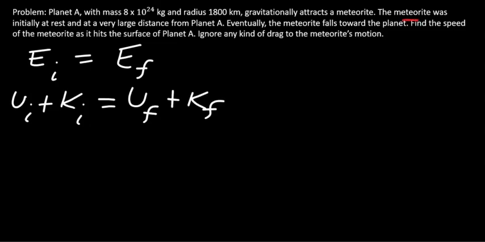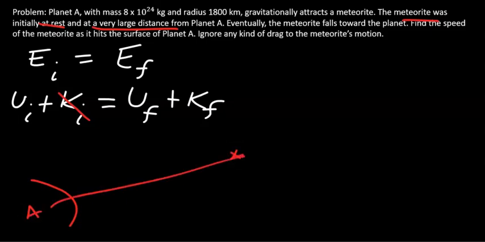Initial state: the meteorite was initially at rest, so that means the initial kinetic energy of the meteorite is 0. We are also told that the meteorite was at a very large distance from planet A. So if this is the planet A, and that is the meteorite, and that is the center-to-center distance, if r approaches infinity, then the gravitational potential energy of the system would approach 0. So that goes away as well.